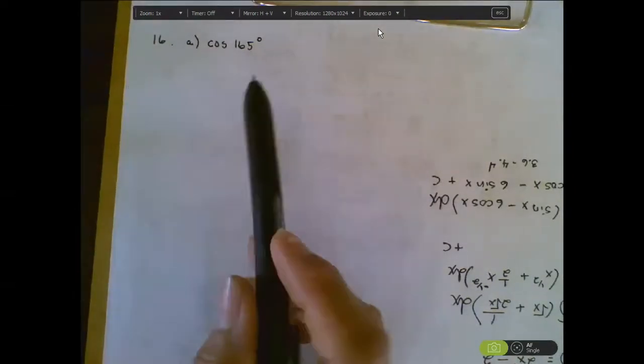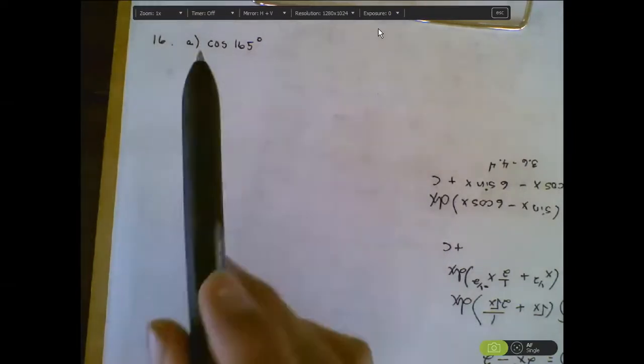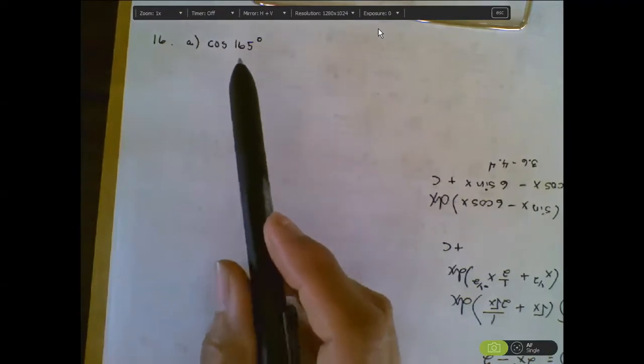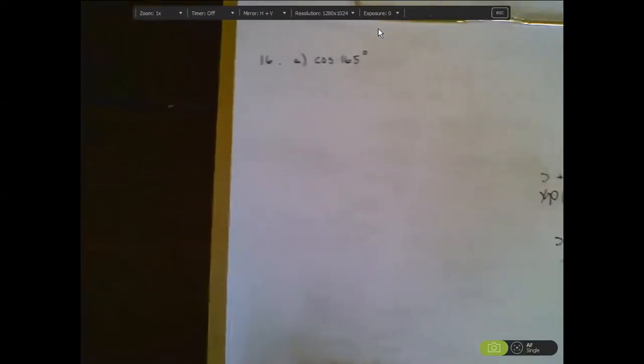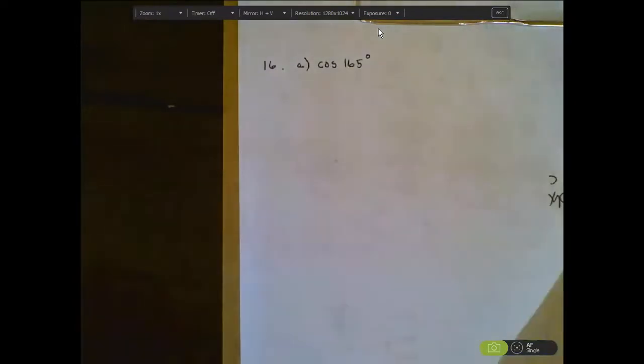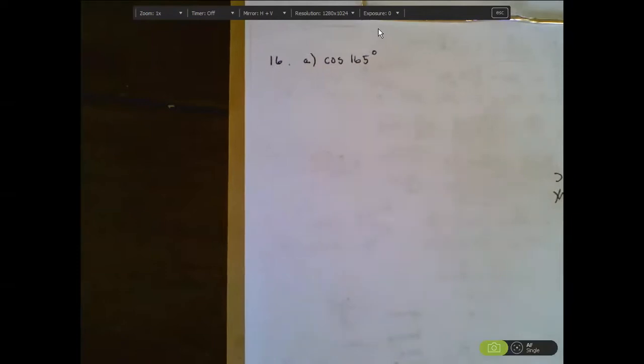We could find a decimal approximation on the calculator with no problem at all. But to find the exact value, we have to recognize 165 degrees as either double something that we know or half of something that we know. Can you tell me whether 165 is half of an angle that we have memorized or whether it's double some angle that we have memorized?